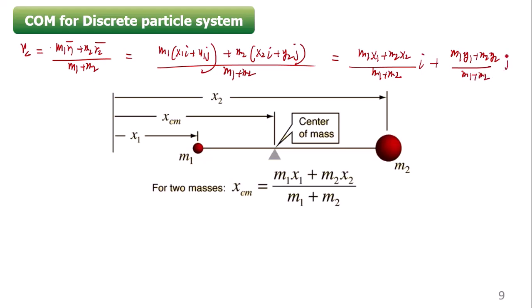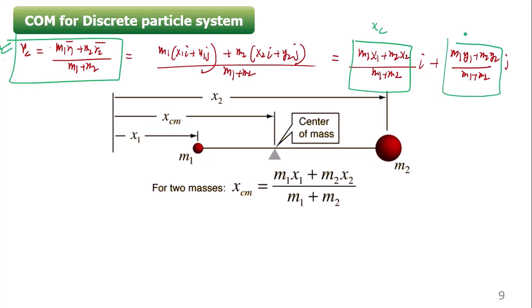That means there is quite a similarity in the R number. R is the position vector of the center of mass. For a 2D system, it has an X component and a Y component. This gives the X component of the center of mass, XC, and this is the Y component of the center of mass, YC.